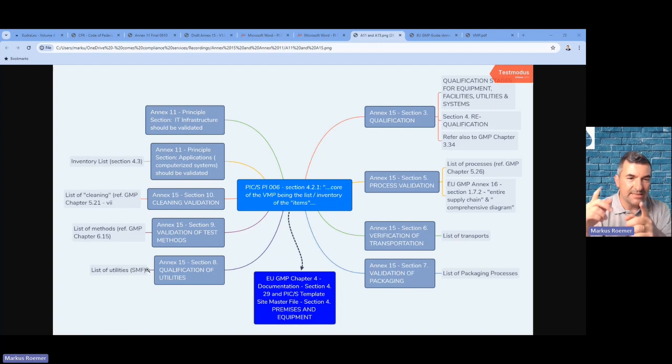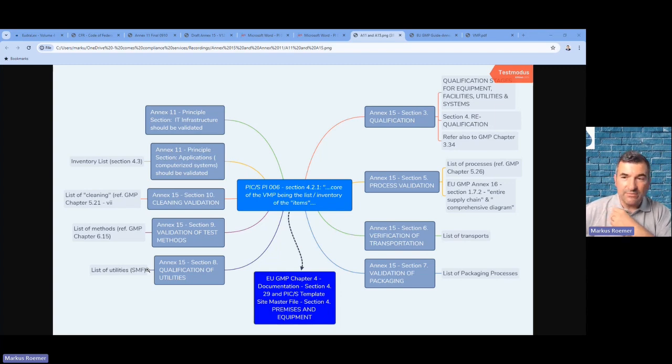Okay, and in Annex 11, the second part of the principle sentence says IT infrastructure should be validated. So if you write a validation master plan, you should have that in mind, and you should define what is an equipment, what is a facility, utility, and a system. We need to qualify them. Is this also containing equipment which is computerized, or do you then go to Annex 11? That would be my preference. I say that a PLC system, for example, is a computerized system.